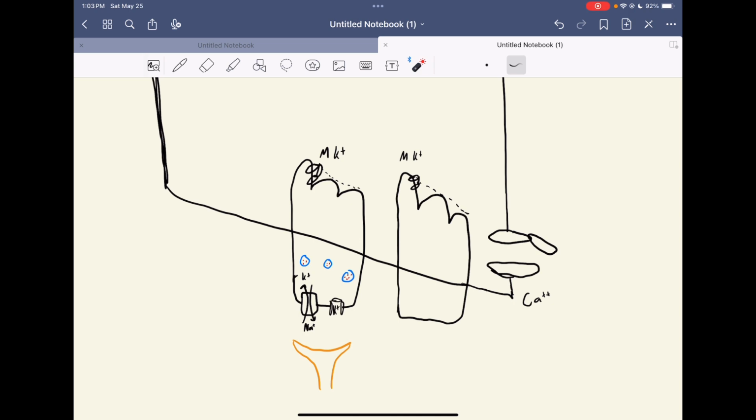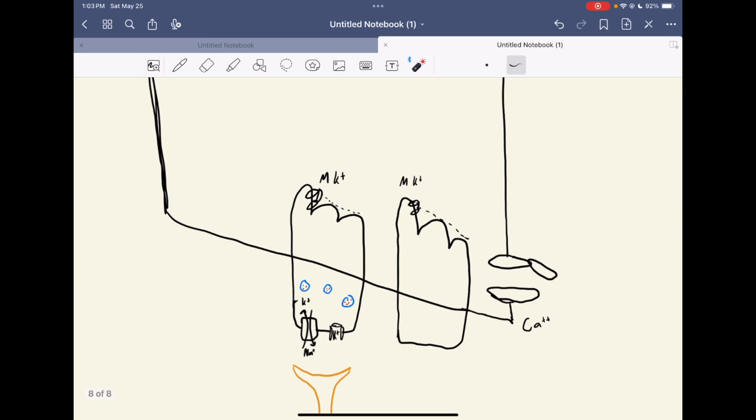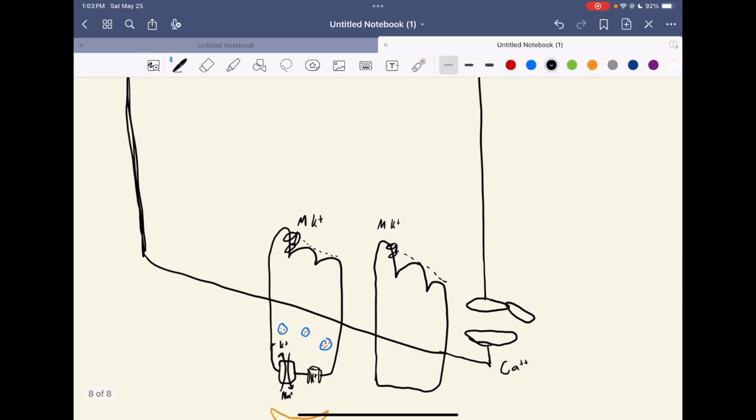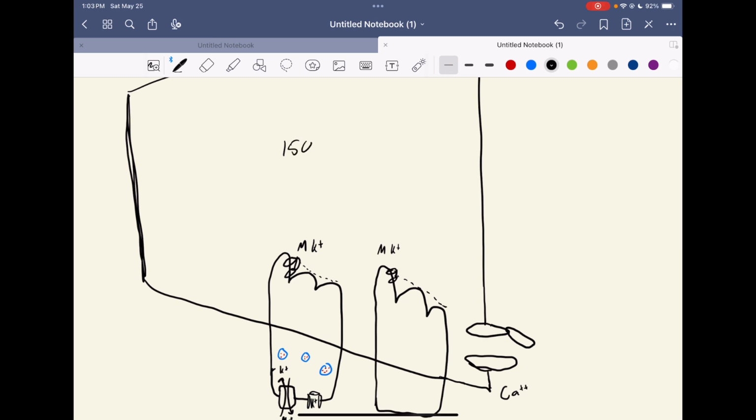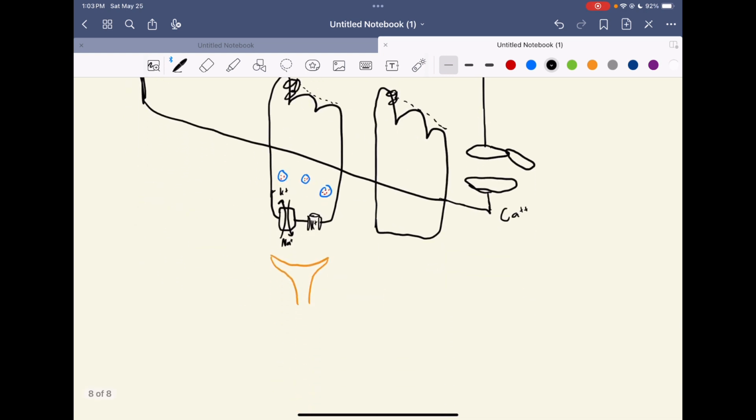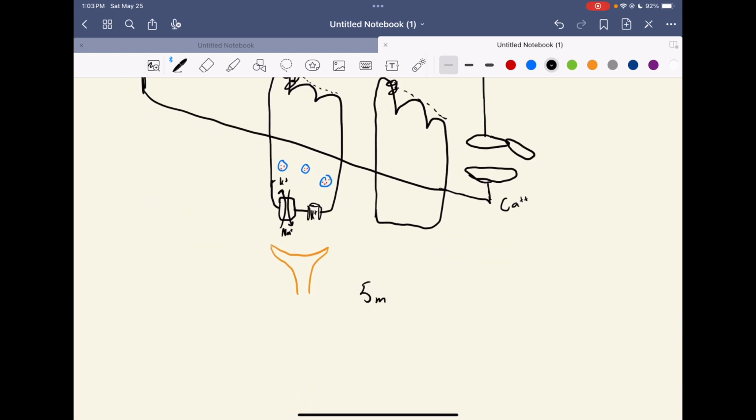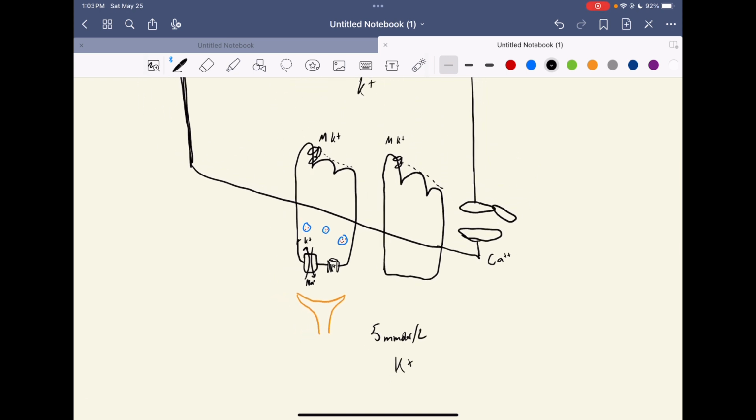And then we'd blow this up here. Each one of the finger-like projections here contains a mechanically gated potassium channel. Inside of this endolymph, we have 150 millimolar of potassium, and out here on the outside, we only have 5 millimolar of potassium. And so, following its gradient, it wants to leave the cell.